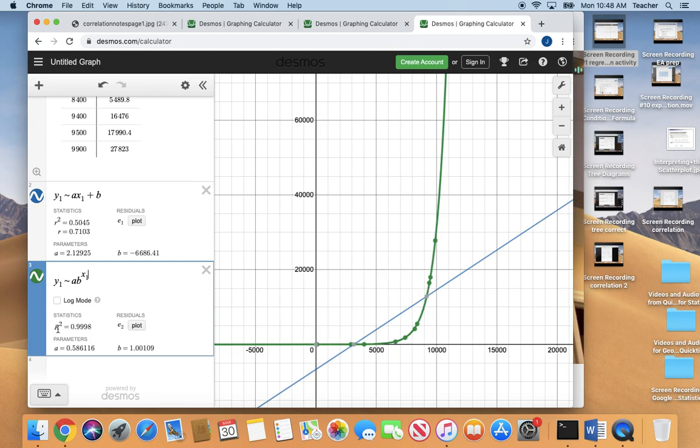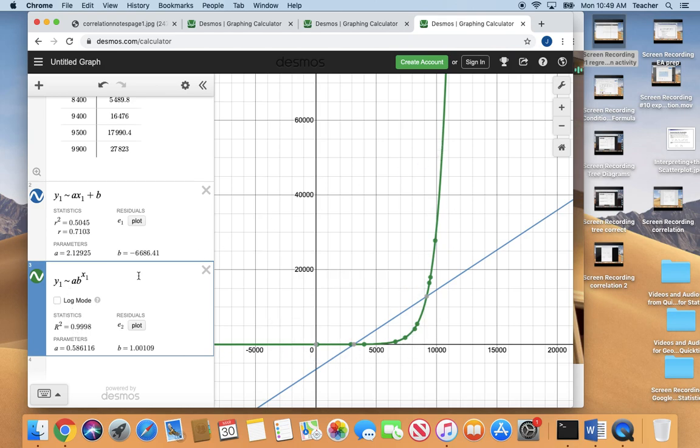And if you look, it says r squared equals 0.9998. So this is going to be a way better fit for this data than the line. You would not choose linear regression as the best fit for this data because the scatter plot doesn't look like a straight line, first of all. And this r squared tells me, since this r squared value is close to 1, this equation is a really, really good fit for this data.